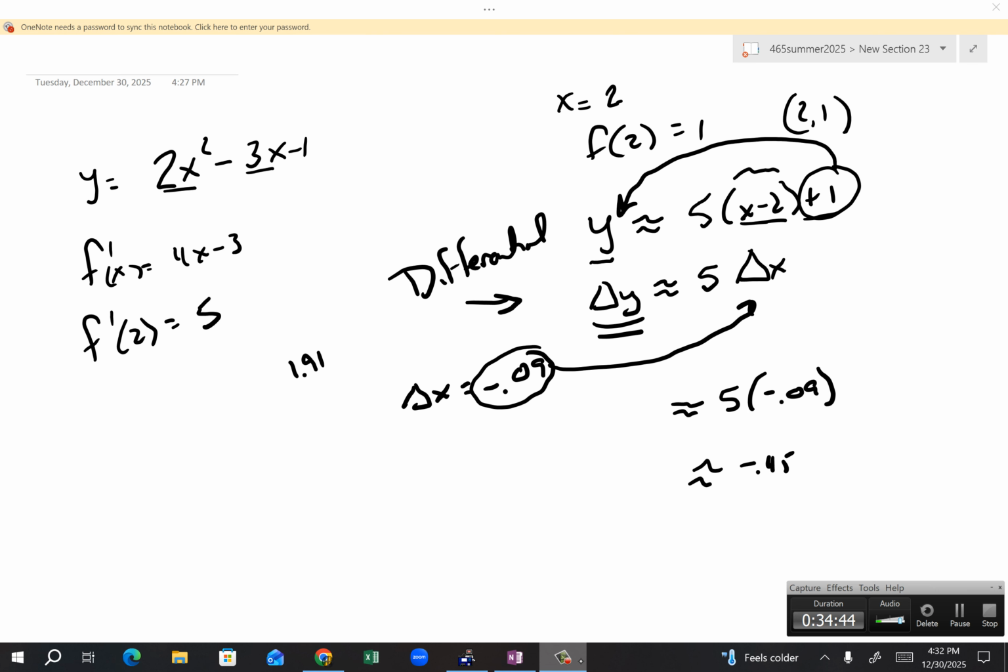So I really want you to focus on problems like 9 through 12, and then also 45 to 54. Those are the linearization ones, and I want you to focus on doing them. Linearization, linear approximation. Tomorrow we'll spend some more time going over the differentials.